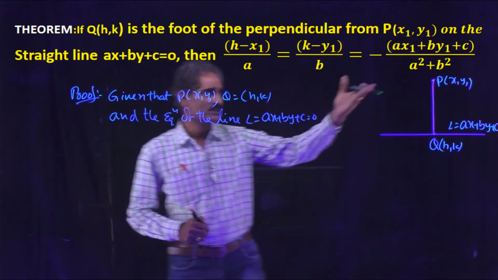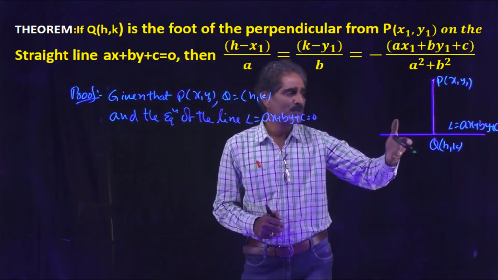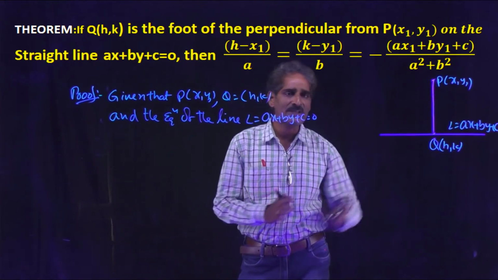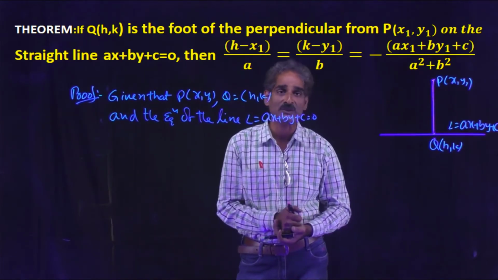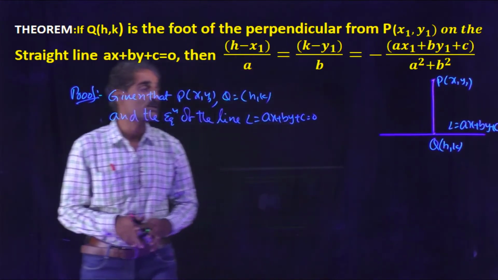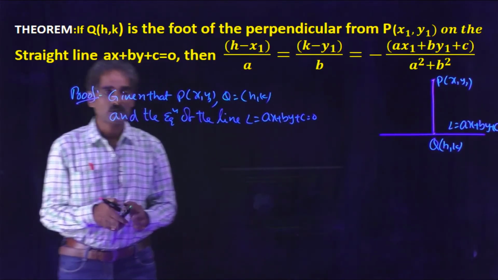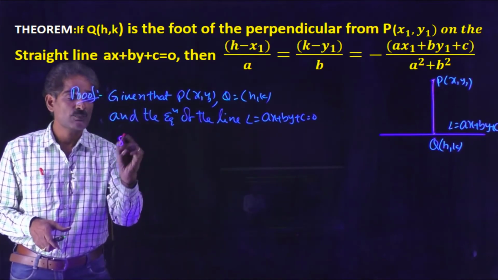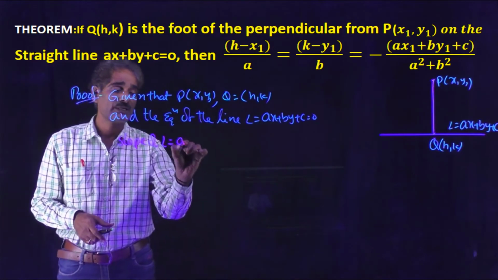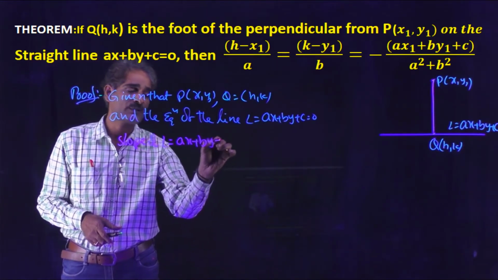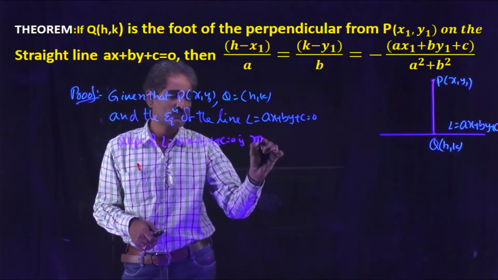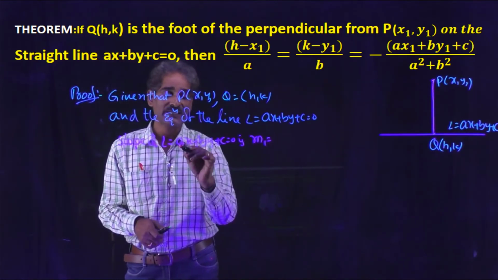Okay, see this diagram. Clearly PQ is perpendicular to L. We know that if two lines are perpendicular, the product of slopes is -1. Understand? So find out the slope of PQ and the slope of L first of all. Now the slope of L: ax + by + c = 0, let us take the slope of this line as m1, equal to minus x coefficient by y coefficient.